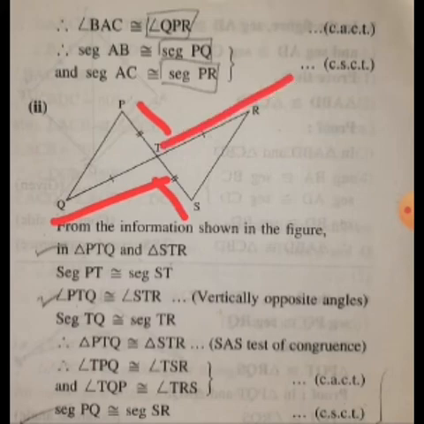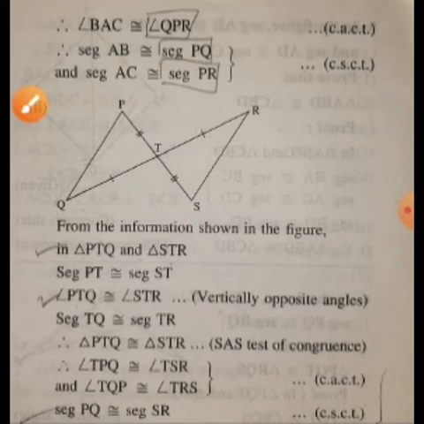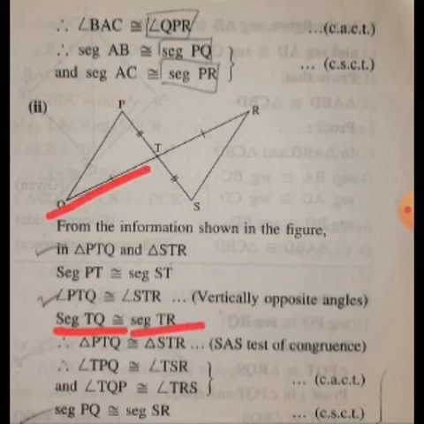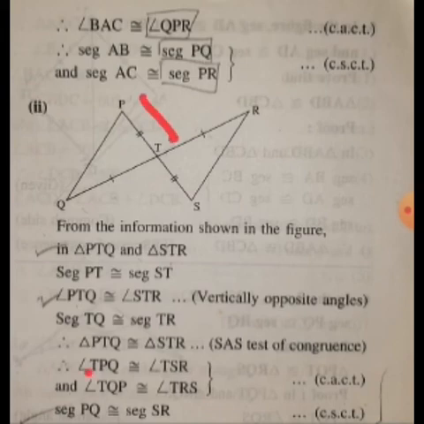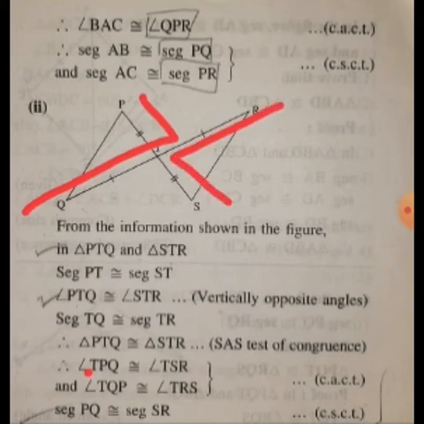You can see here the vertically opposite angles. Then segment TQ is congruent to segment TR because of this line. So triangle PTQ is congruent to triangle STR.